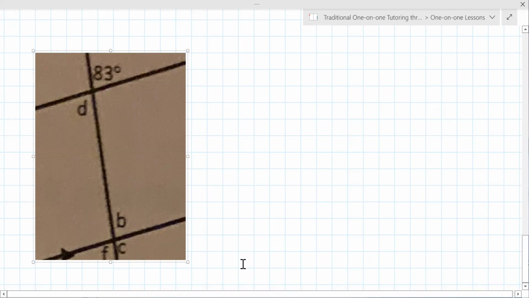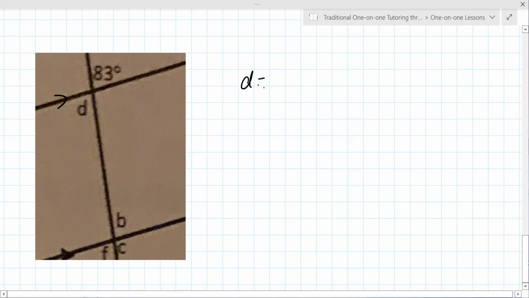Okay, so it can't be corresponding. Can't be alternate exterior either. So I'm solving from C to D, or you can use B, or you can use this 83. Oh, okay. Well, I guess I'll do B because that's alternate interior.